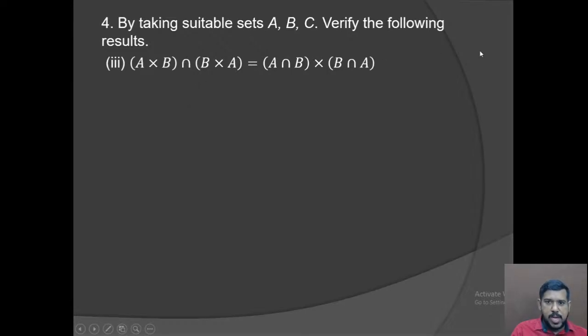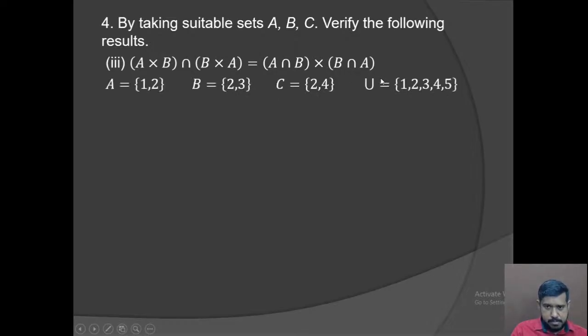Okay. Now a result is given that (A cross B) intersection (B cross A) is equal to (A intersection B) cross (B intersection A). So in this problem, you have to take 3 sets like A, B, C. Don't bother about the universal set, leave it.